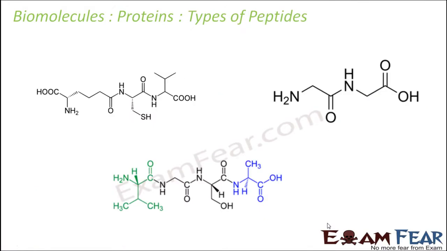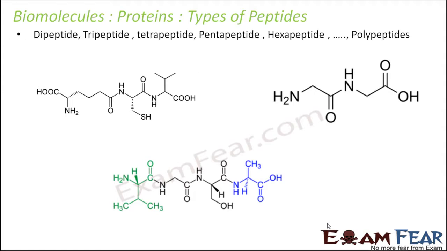Now let us look at the types of peptides. There are many types of peptides that can be formed, like dipeptide. What is a dipeptide? A dipeptide means two amino acids joined together by one peptide bond.